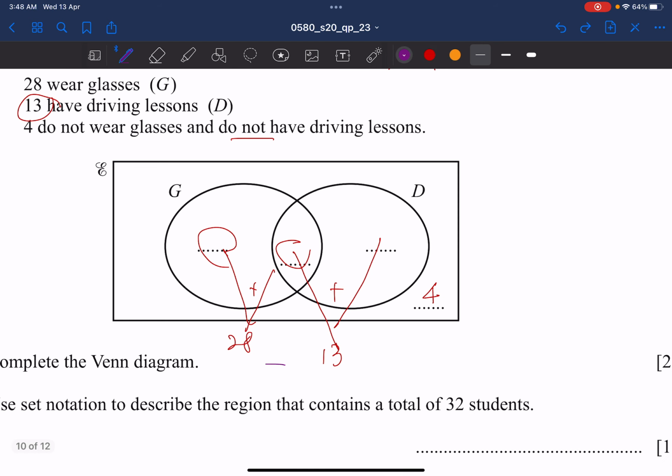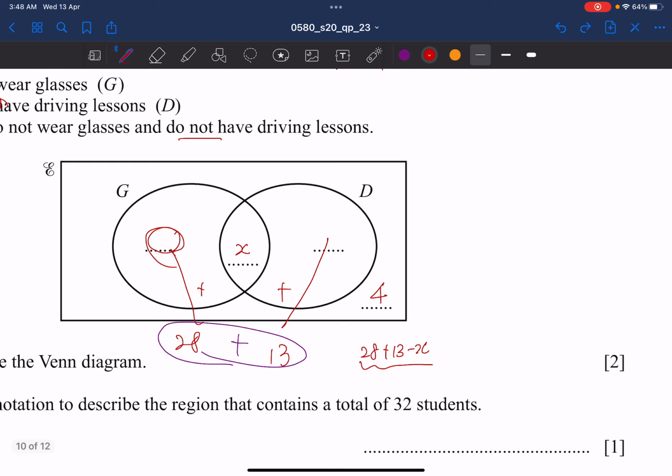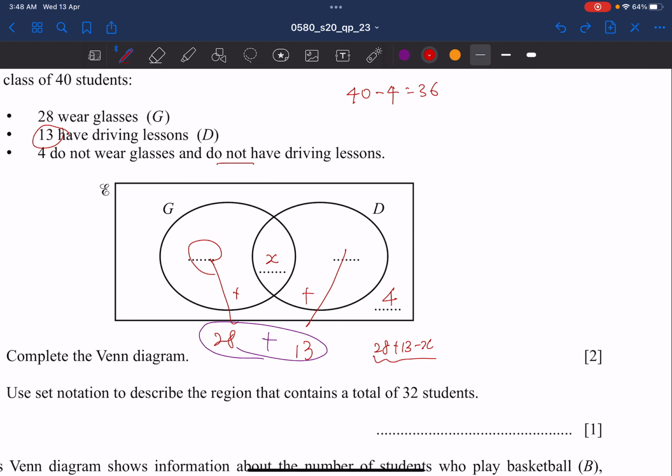So if we try to add up these two numbers, the middle one has been added twice, right? So let's say we call the middle one x. If we use 28 plus 13 minus x, this whole thing will make sure these three numbers have only been added once, okay?